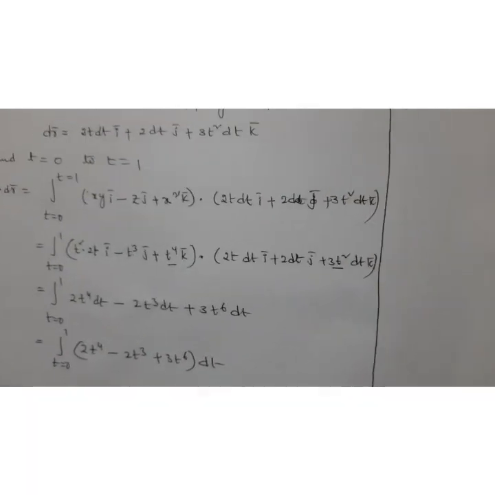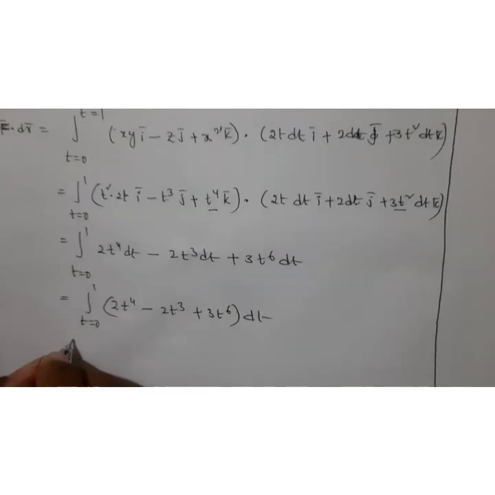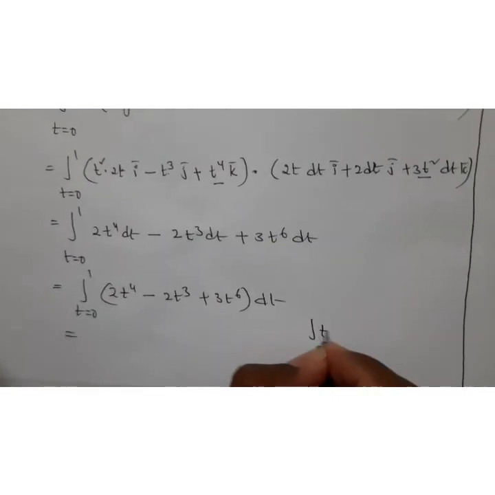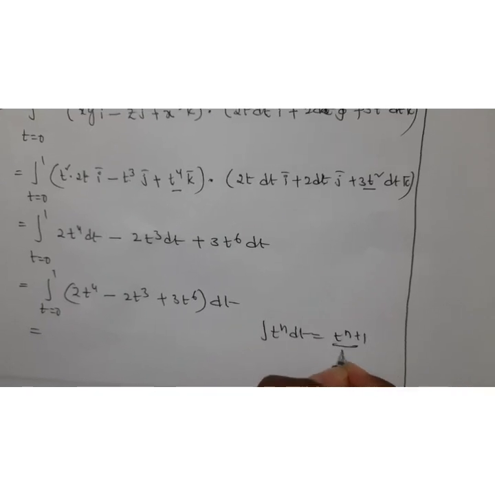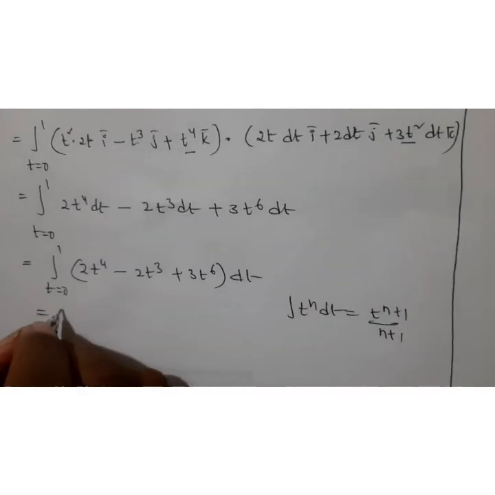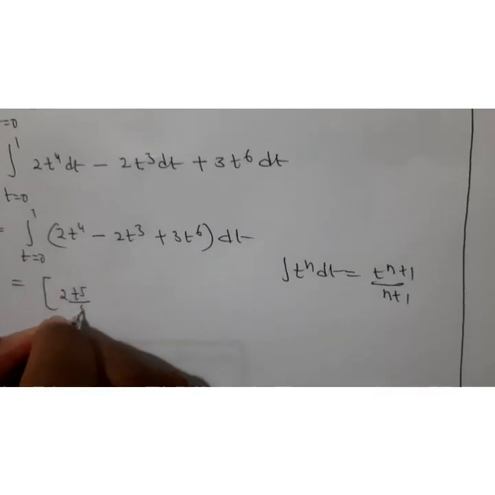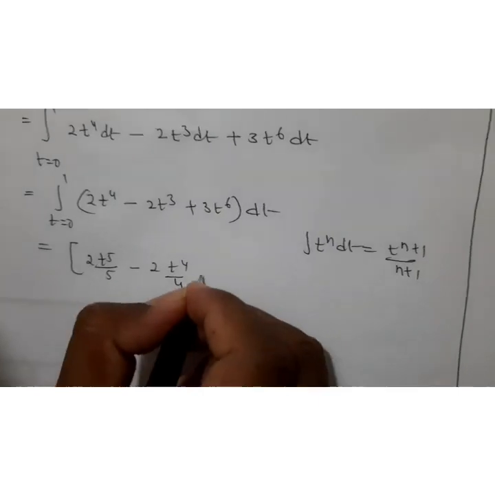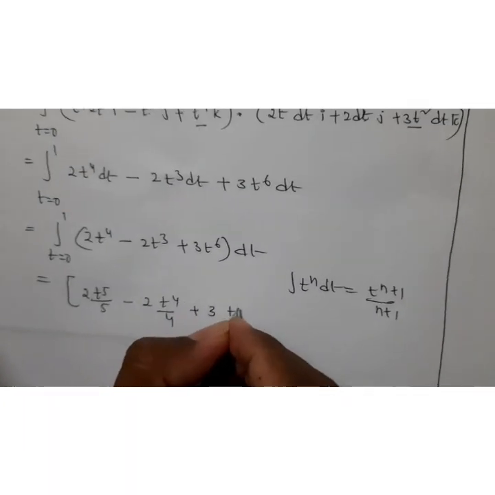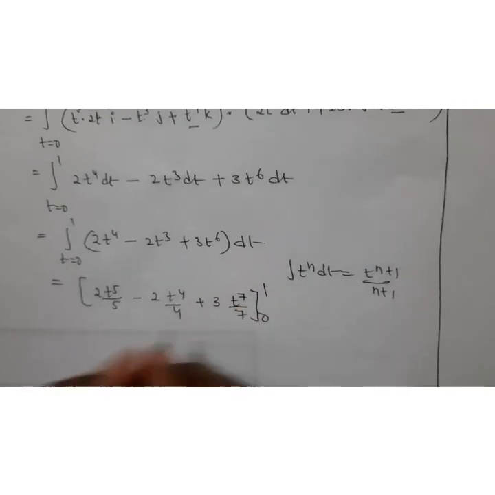Next, simplify the integration. Integrating with respect to t, the integral of t power n dt is equal to t power n plus 1 by n plus 1. That is equal to 2 into t power 5 by 5 minus 2 into t power 4 by 4 plus 3 into t power 7 by 7, with limits from 0 to 1.